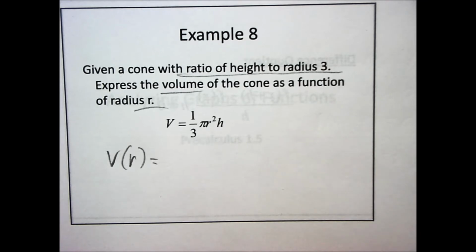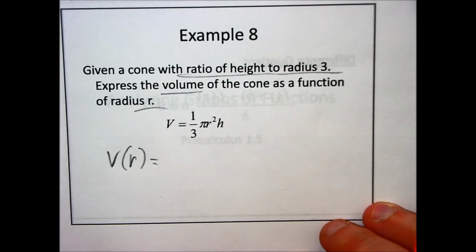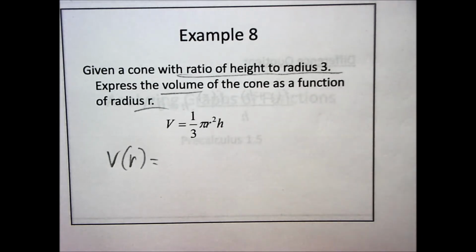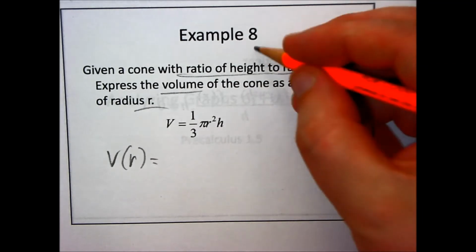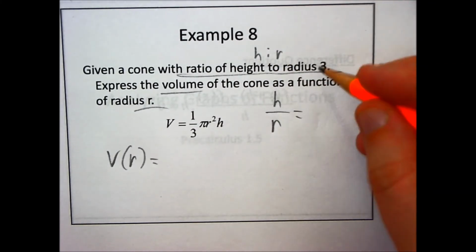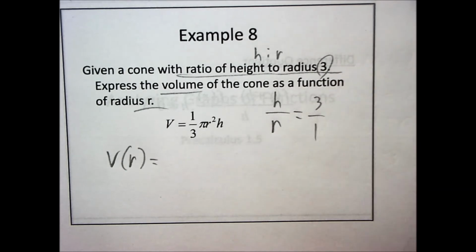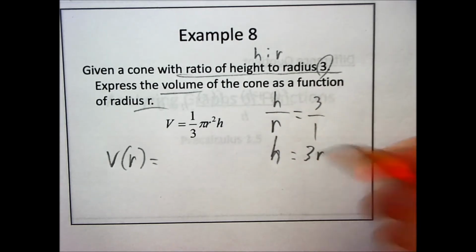So, what does that statement imply? 3r. Now, some people can jump right to that, some not quite. The ratio of height to radius, in other words, h to r, or h over r, is equal to 3. Ratio is that fraction, right? Solve for h, you get what? 3r. So that's where that's coming from.